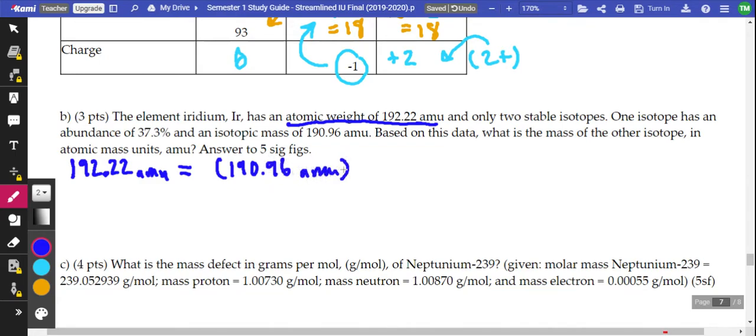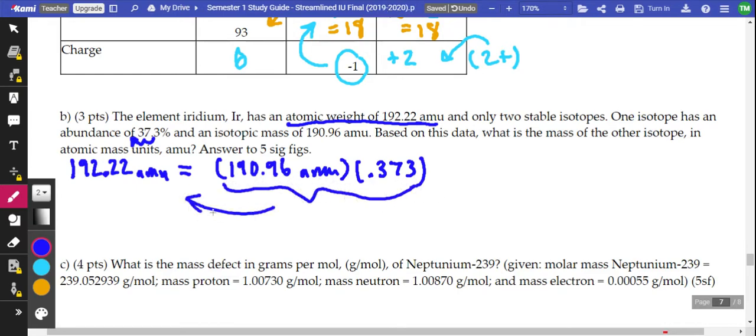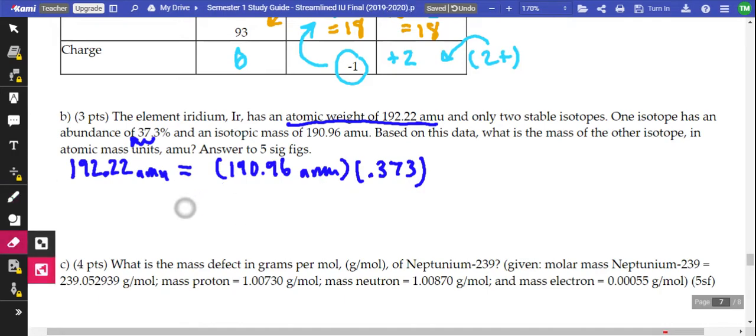Its percent abundance is 37.3%. As a decimal, two spots to the left, that is 0.373. By multiplying these two, I basically get the contribution of this isotope to the atomic weight, or the average atomic mass. We'll get back to that in a second.